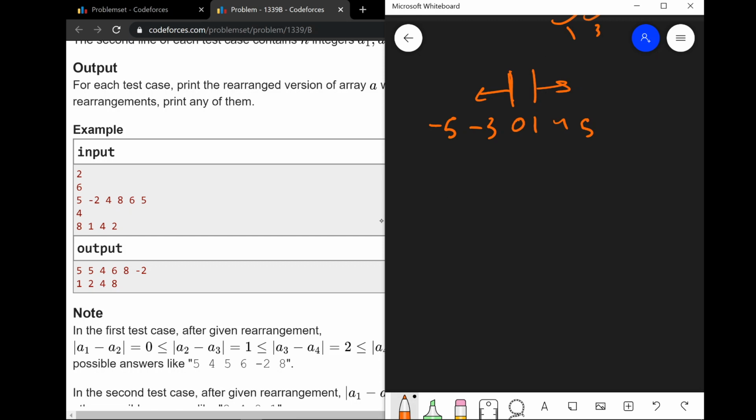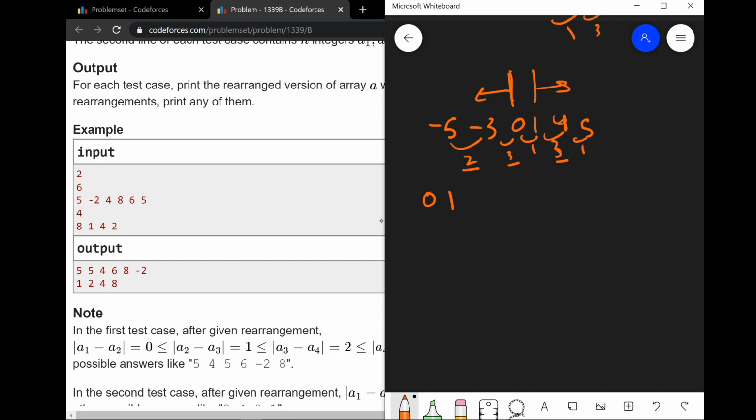So suppose we start from this. Now the absolute difference is 1 here, 3 here, 1 here, 3 here, 2 here. So if we placed this or this difference just next to it, then we cannot place 4 after 5.